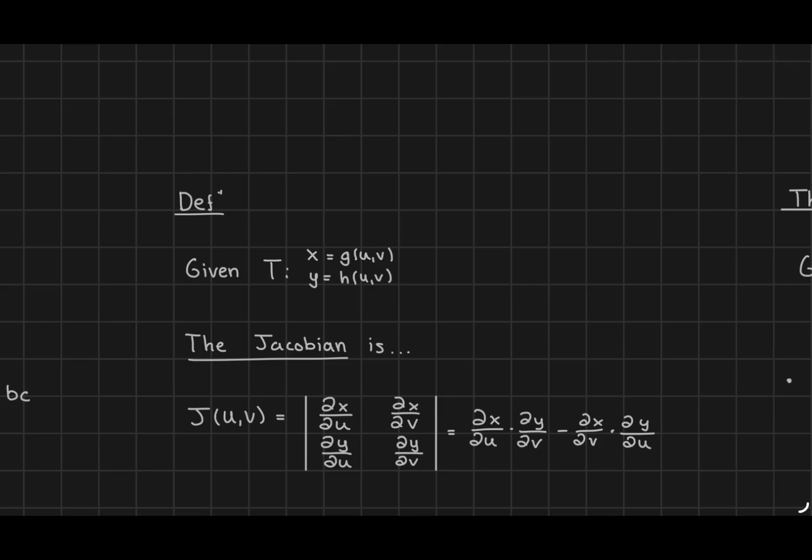What this means is when we're transforming some kind of region, it's going to get stretched and compressed. How do we account for that stretching and compressing? This is going to be determined by the Jacobian. The Jacobian is a local scaling factor.